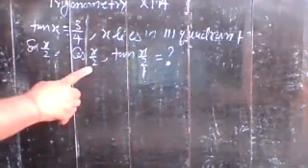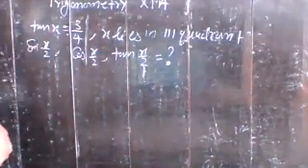You have to find the value of sine x by 2, cos x by 2, tan x by 2.